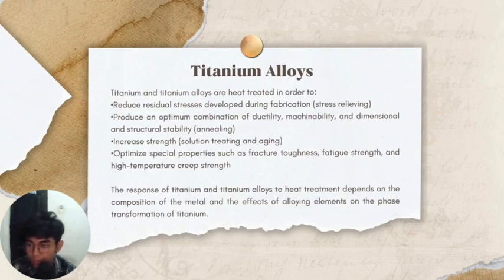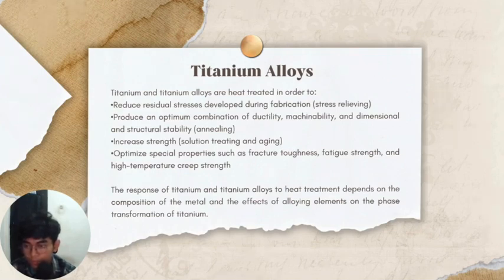Titanium alpha alloy. Unlike the alpha-beta and the beta alloys, the alpha and near-alpha titanium alloys cannot be strengthened by heat treatment. Titanium alpha-beta alloys are the most common and most versatile of the three types of titanium alloy.